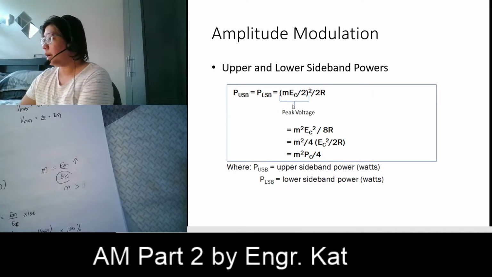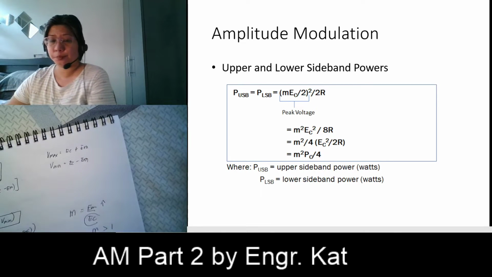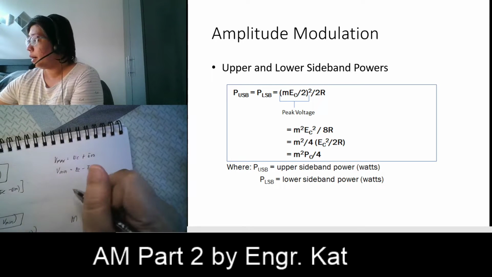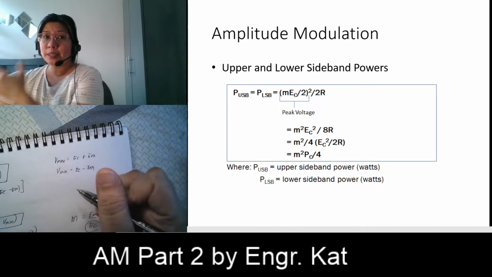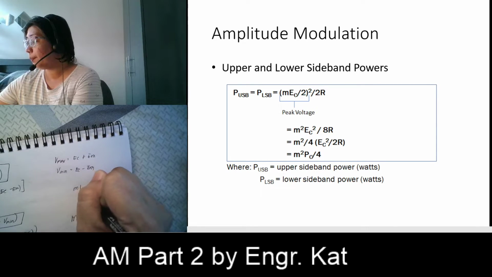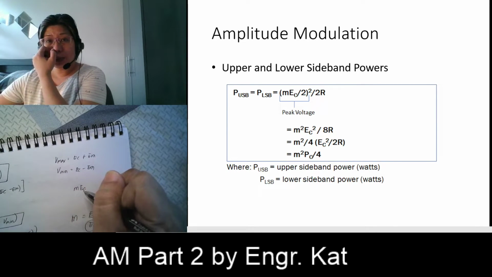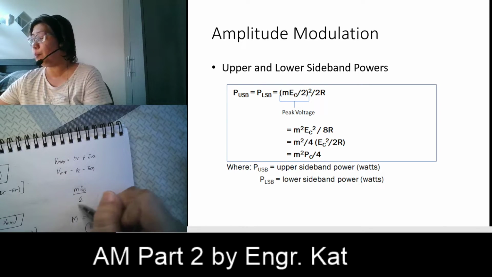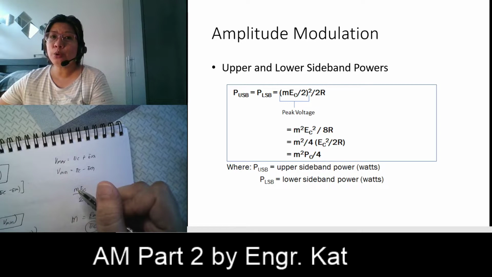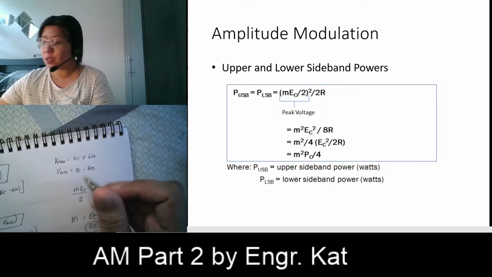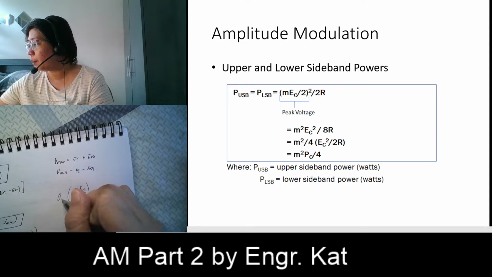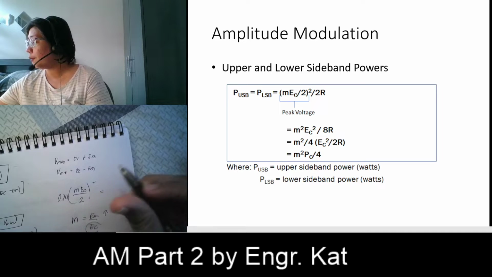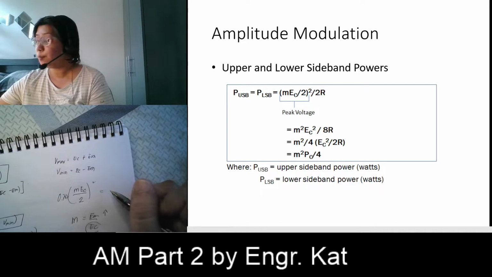Okay, so your amplitude for the sideband is equal to mEc all over 2, right? So this is a peak value. How do you get the RMS value? You multiply this by 0.707, then you square it. That's why you have there all over 2.